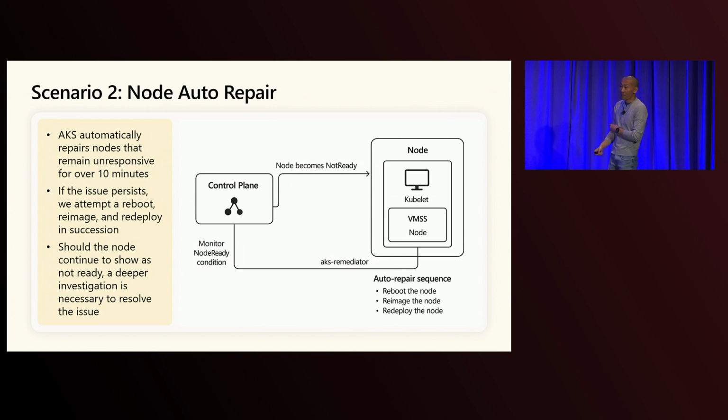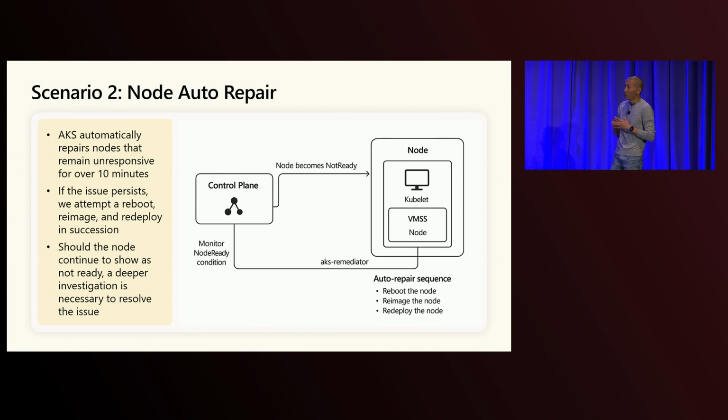All right, so you might be wondering, if you had a node go not ready and had these problems and you didn't take action, what happens? That's where AKS Node Auto Repair kicks in. We're trying to make sure that you have a good experience on AKS, and so we try to repair nodes for you in the event that nodes go not ready and they're not fixed.